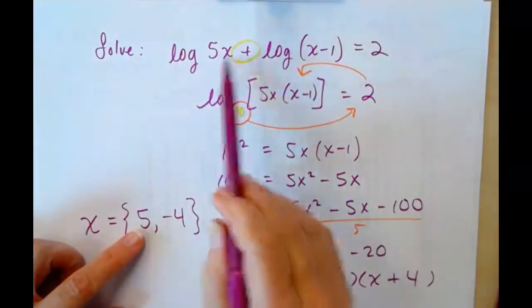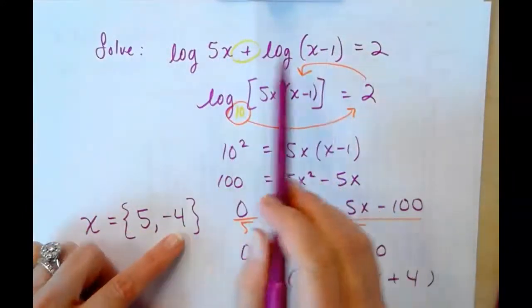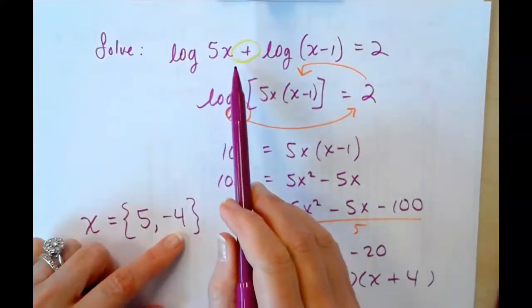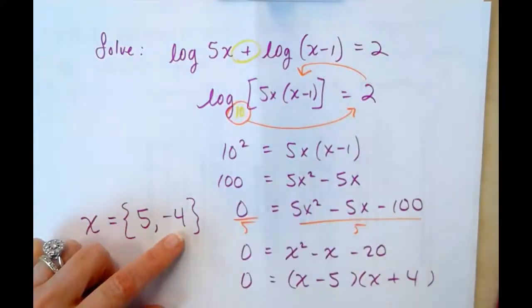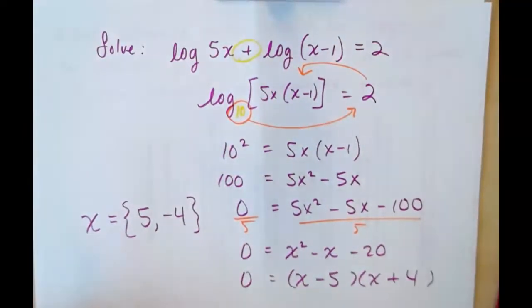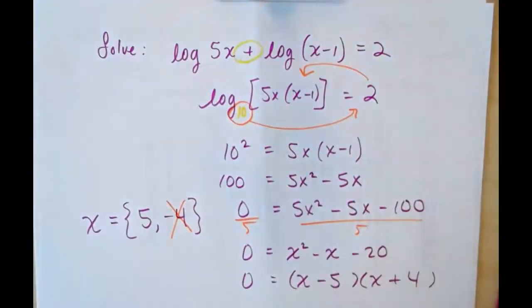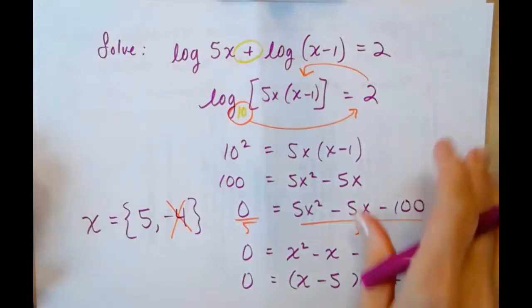The 5 is going to work because 5 times 5 is 25 and 5 minus 1 is 4. 5 times -4 is -20. Is there any power of 10 that's ever going to equal a negative number? No. So the -4 is extraneous. Only the 5 is a real solution.